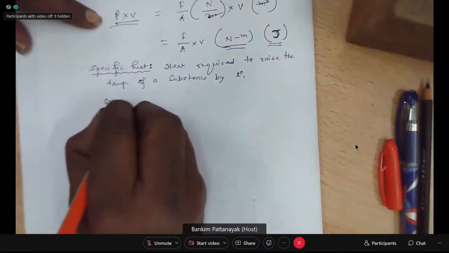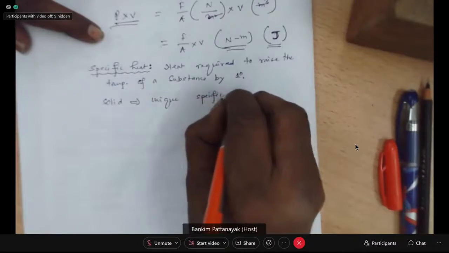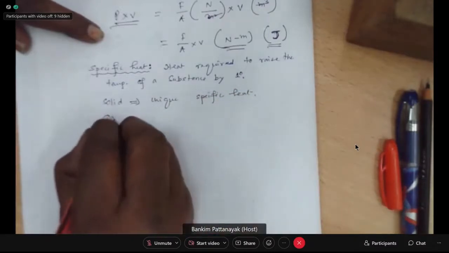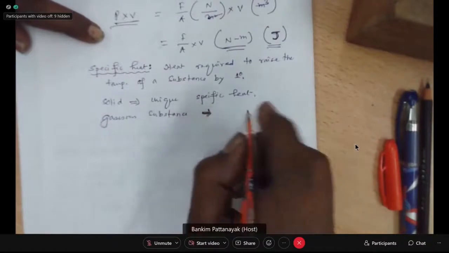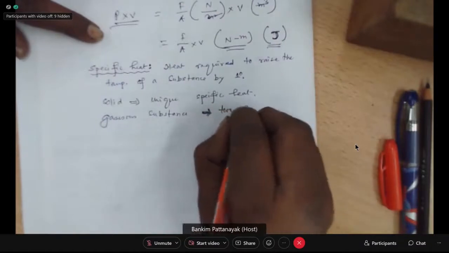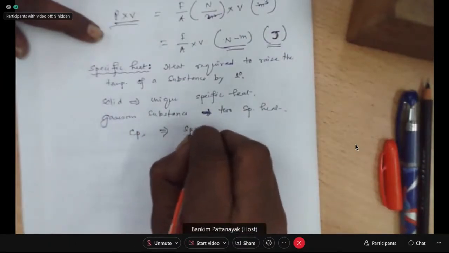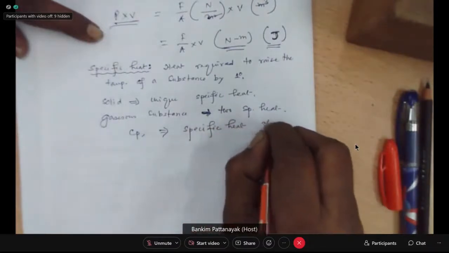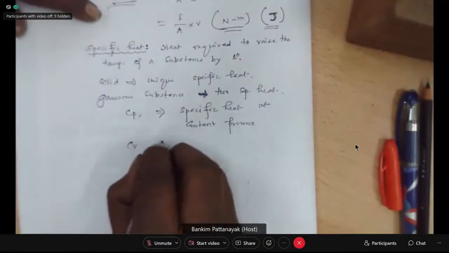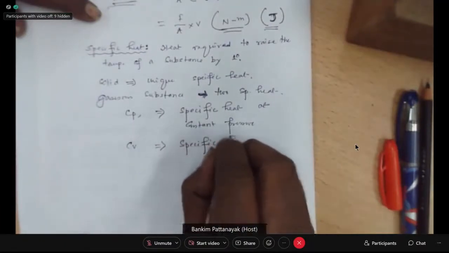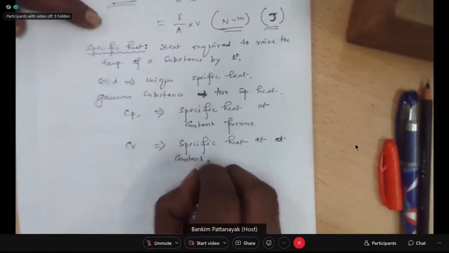Now, for solid, you have a unique specific heat, while for gaseous substance, you have got two specific heats, which are called Cp, that means specific heat at constant pressure, and Cv, specific heat at constant volume.